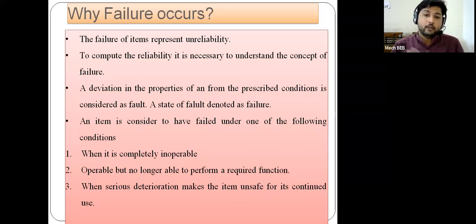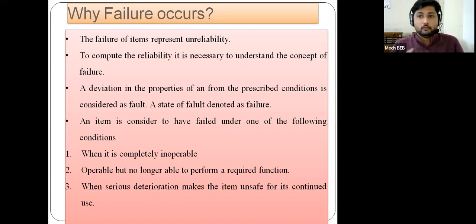And when serious deterioration makes the item unsafe for continuous use, for example, let's consider a furnace. Now that furnace has completed its lifespan, and no one wants to give a guarantee related to the functionality of that particular furnace in the industry.